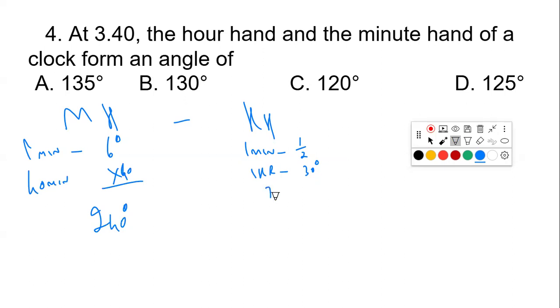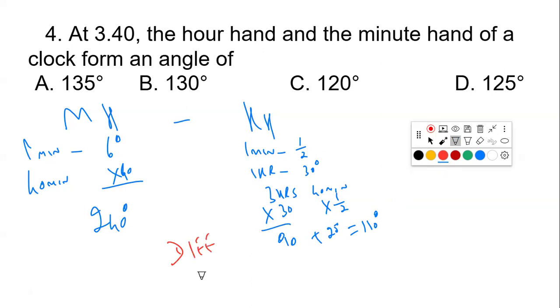So 3 hours and 40 minutes. What I will do now: multiply 3 by 30, which is 90. Multiply 40 by half, which is 20 degrees, which is equal to 110 degrees. So what is the difference now? The difference is 130.